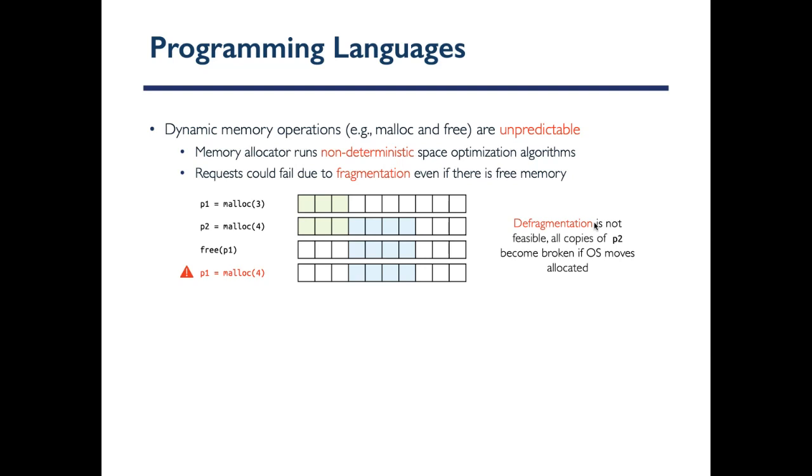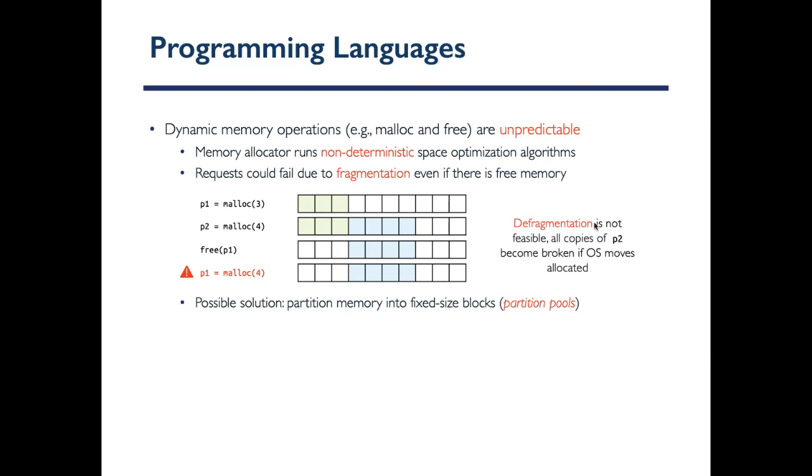So if now I move that memory, all the previous copies would be pointing to something that is not valid anymore. So it's not an option to defragment at this point. So all of this basically is non-determinism, unpredictability as a result of fragmentation and running optimization algorithms.